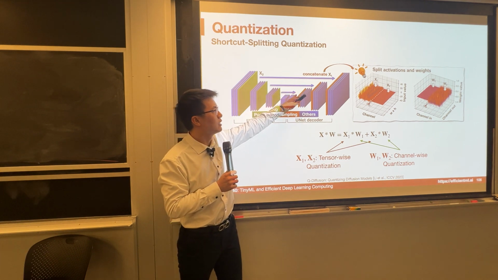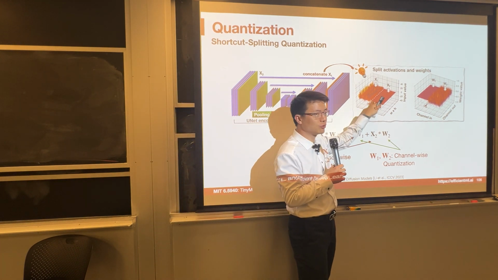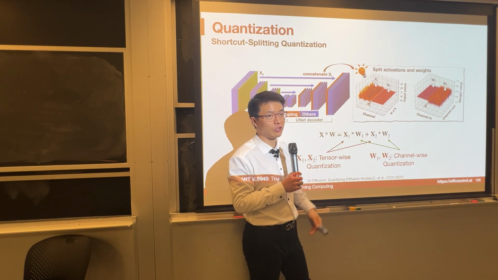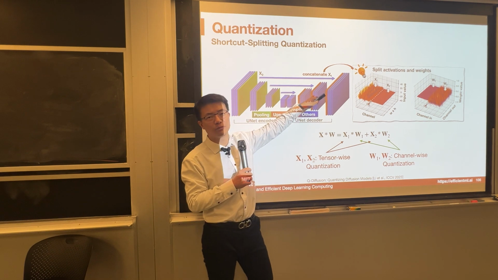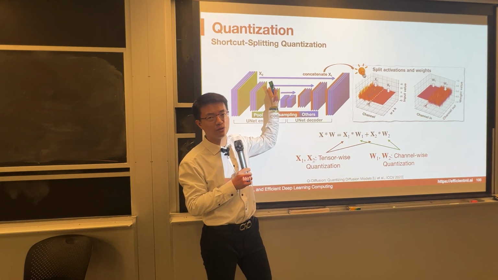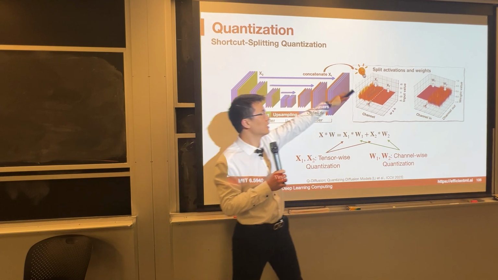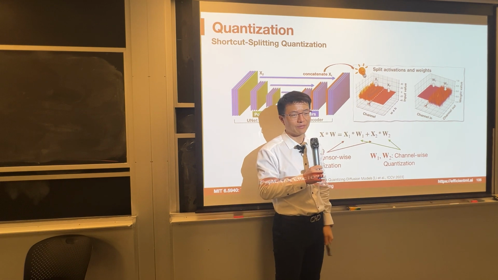Here people observed that the distribution across different channels varies drastically, since one of them is from the upsample layer itself, and the other is from the downsample layer. So this bypass layer creates a quite different distribution for this activation.